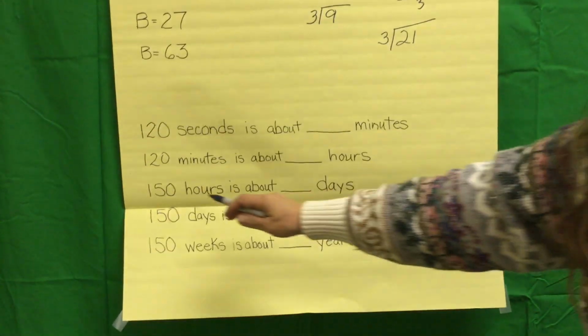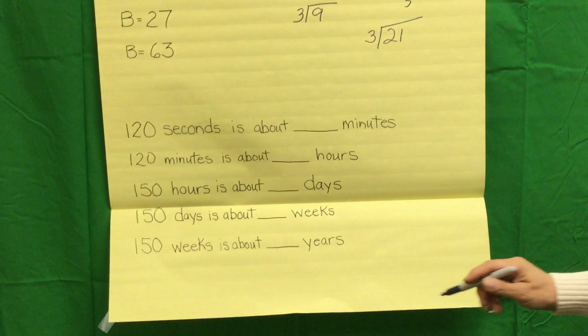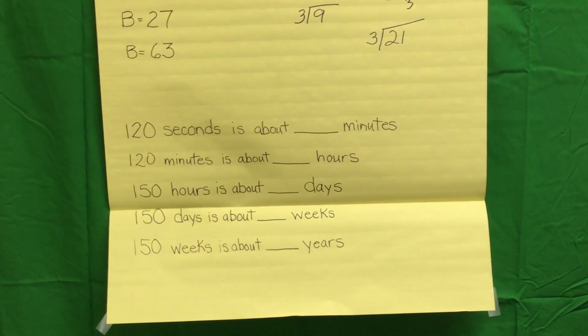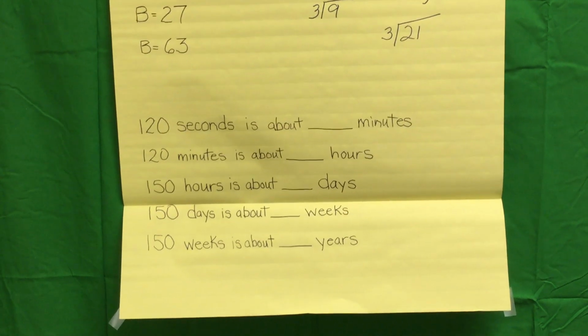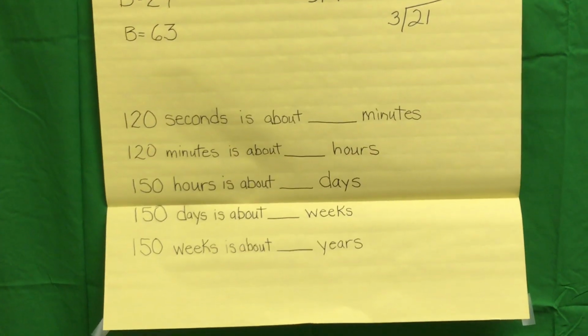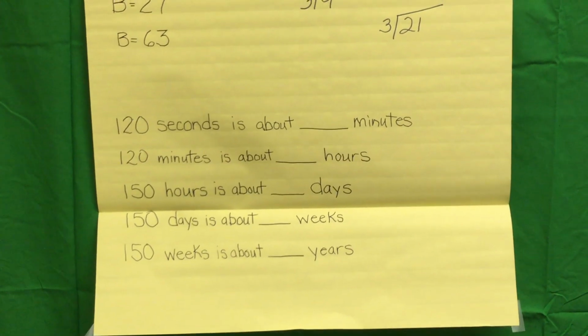So 150 hours is about how many days? And there's 24 hours in a day.